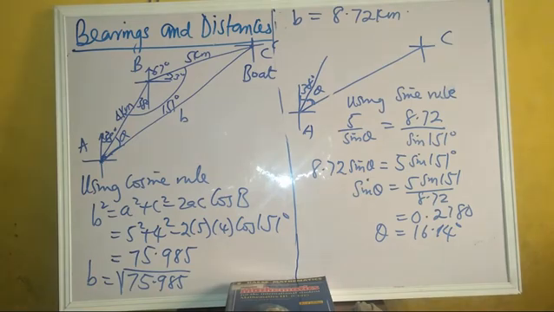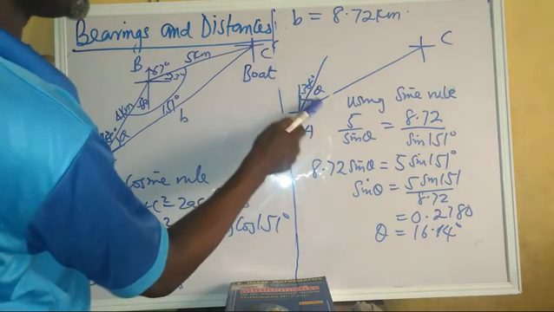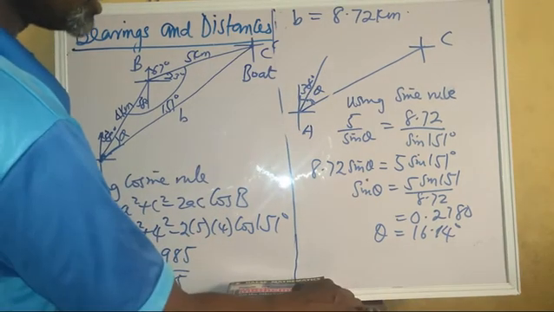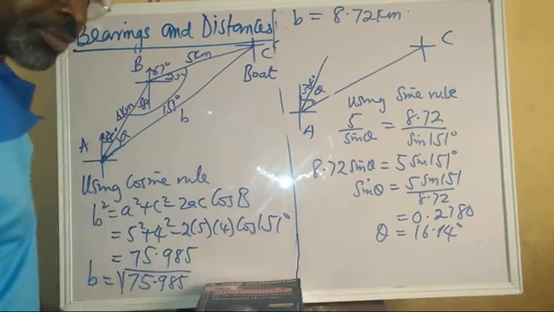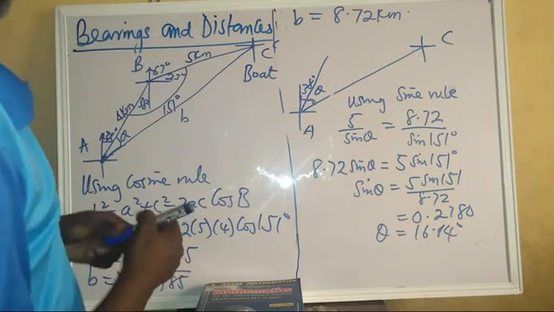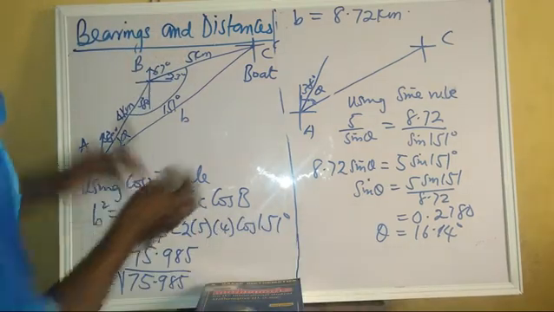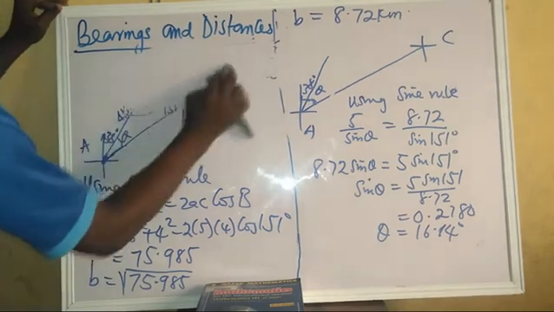That is not the bearing. That one is just the angle between these two lines. So our bearing now will be the bearing from the starting point. Let me clean this diagram. Sorry, the board is small, you have to just manage it.